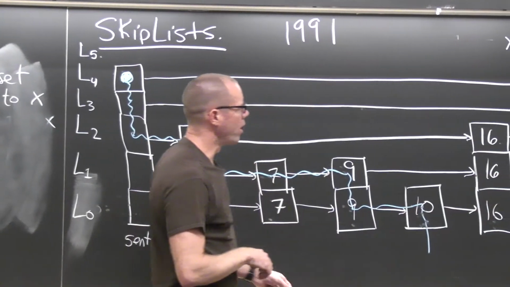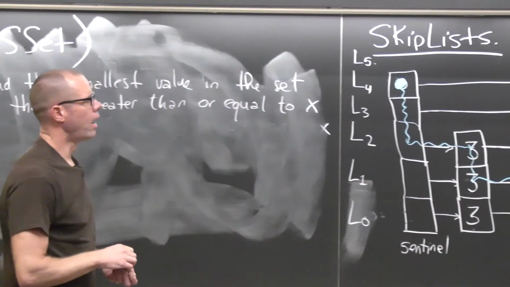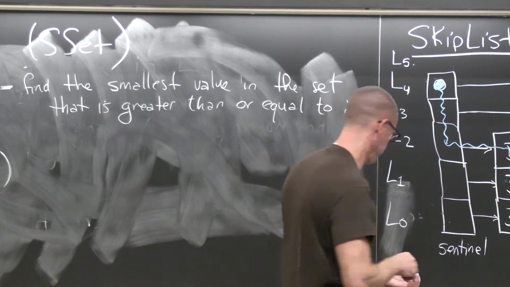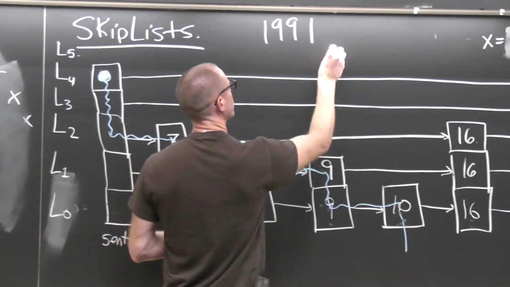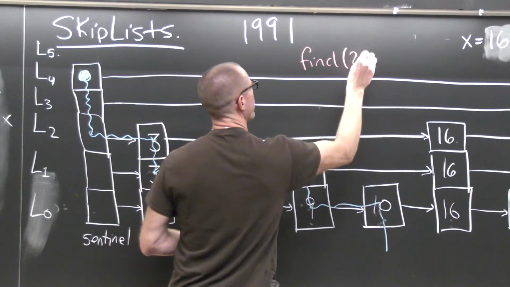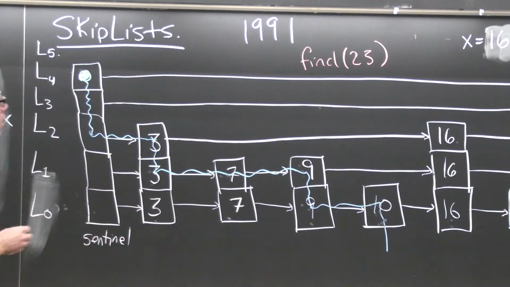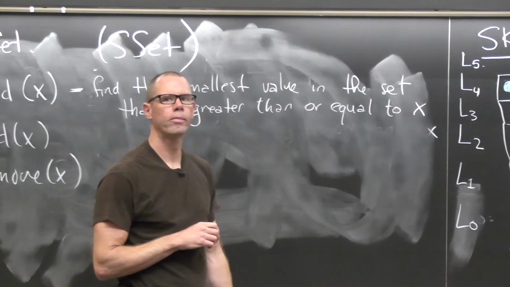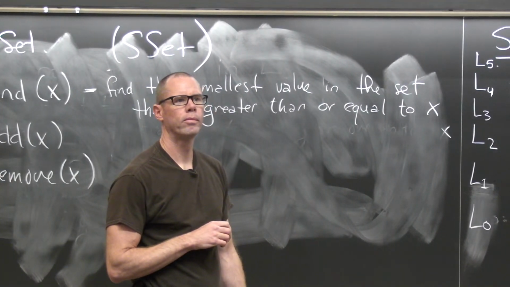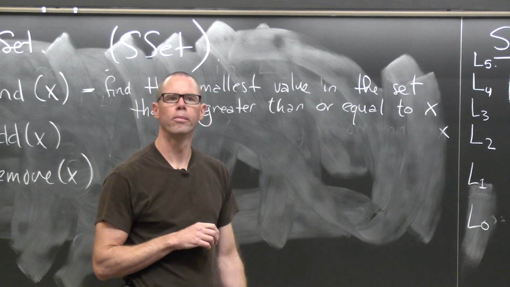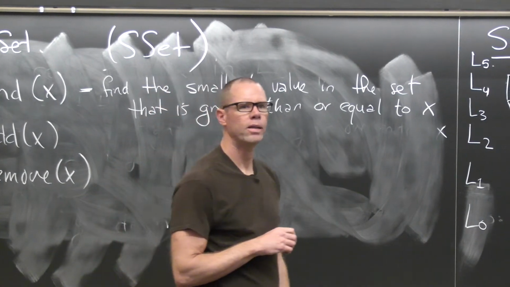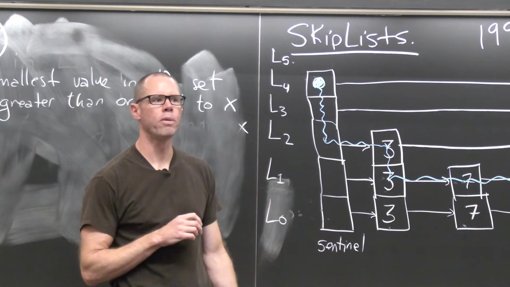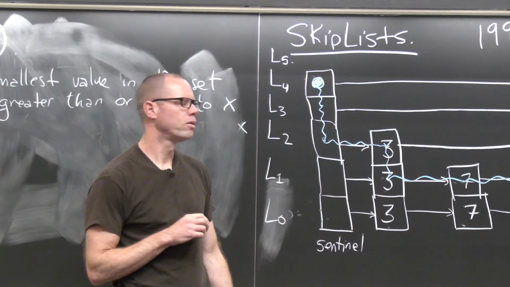So let's say I want to find 23 in this particular list. How would you do it? Well, first of all, what should the answer be? So 23 is not in this list, but according to this definition of find, what should the answer be? 24.